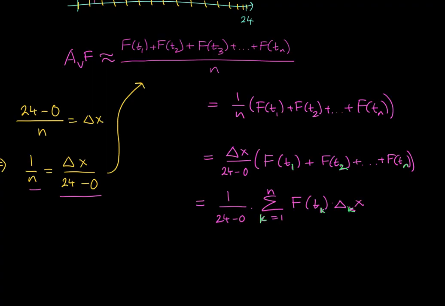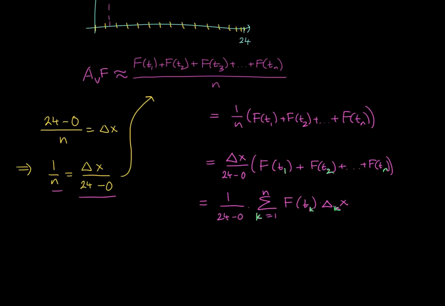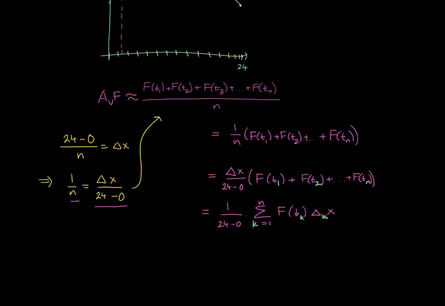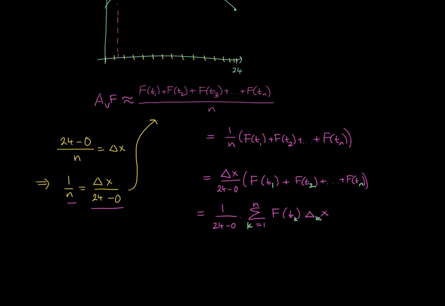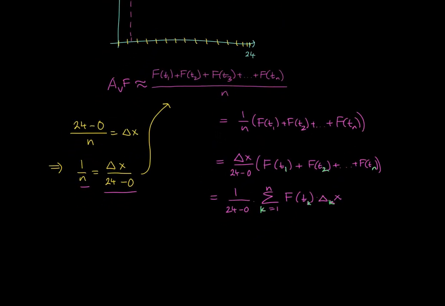Okay? Now, I think that looks a lot like an integral. Indeed, if we wanted our average to be a lot more accurate, we would simply let this n approach infinity.